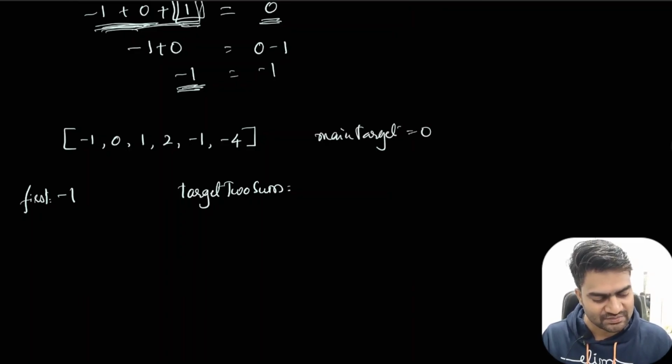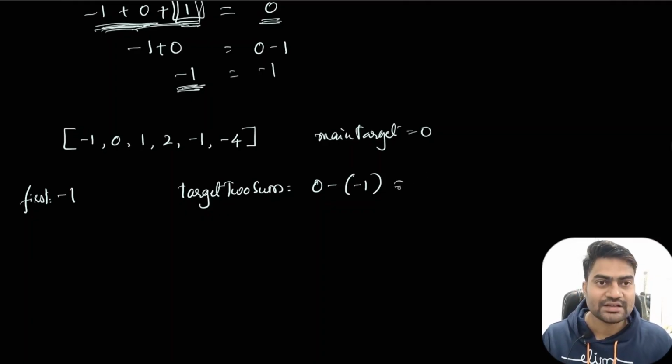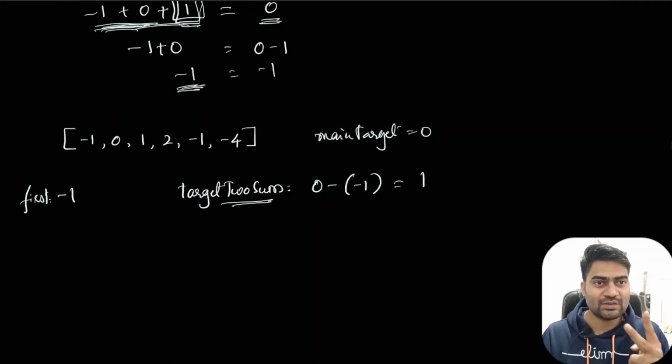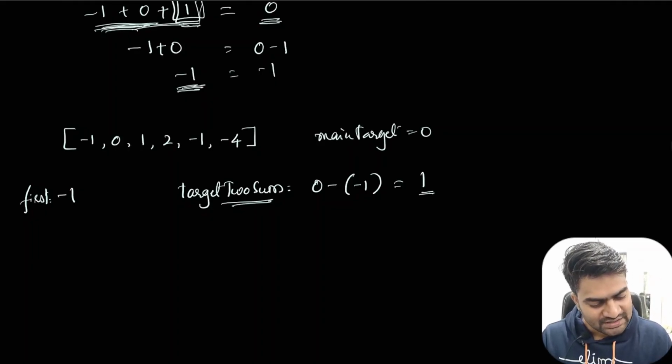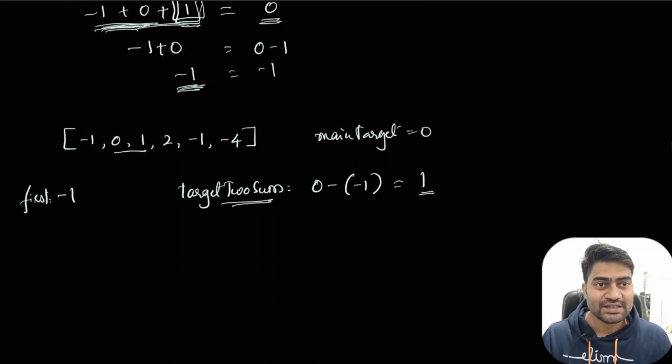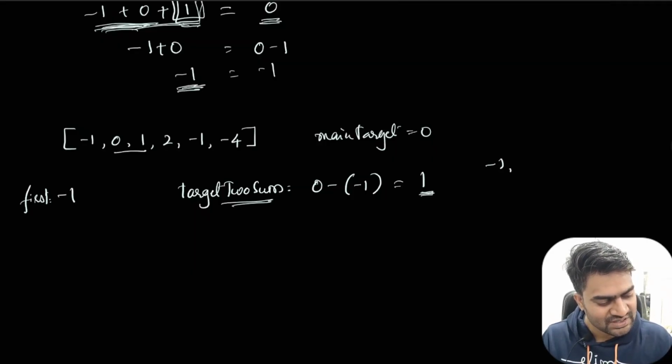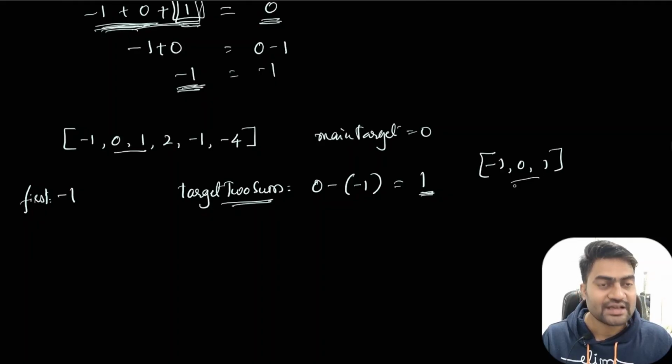If one number is -1, then my target for two-sum becomes 0 minus of -1, correct, right? So this will be 1. So if I know two numbers which will sum up to give 1, then these three are the triplets that are required. So now if you see, 0 and 1 will give us this particular sum. So we can easily say -1, 0, 1 are the required triplet, correct, right?